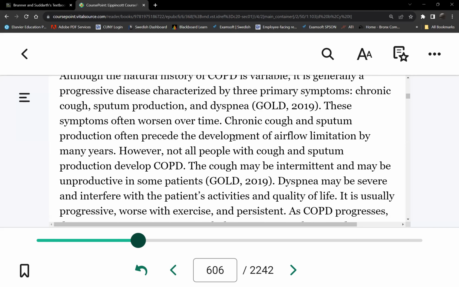However, when they get an infection, what will be the color of the sputum now? Now it's colorful, either yellow, green, orange, whatever color it is. Anything other than white or clear, is it acute or chronic? That's acute.